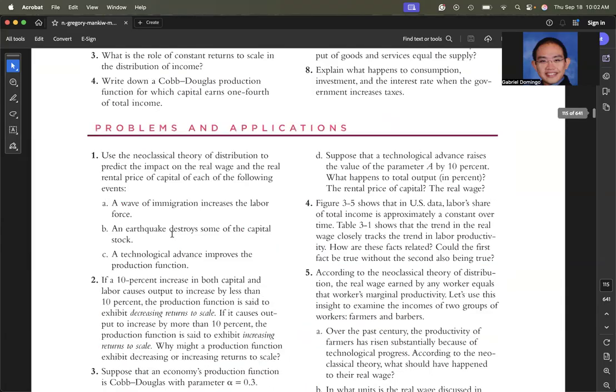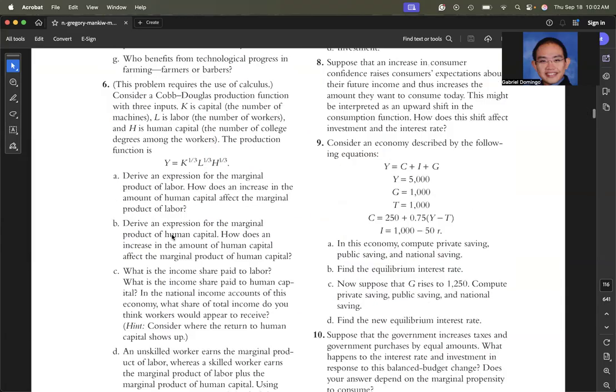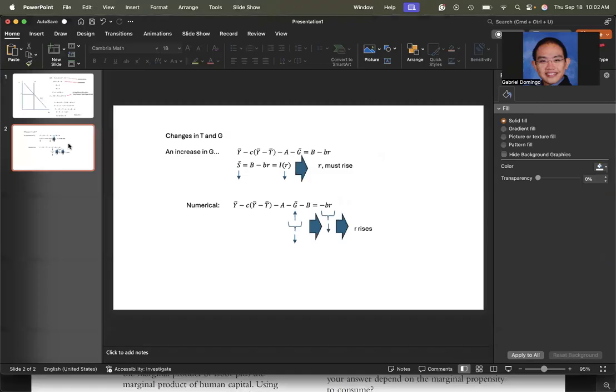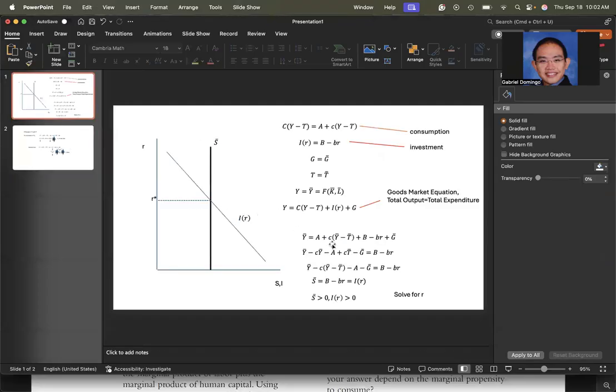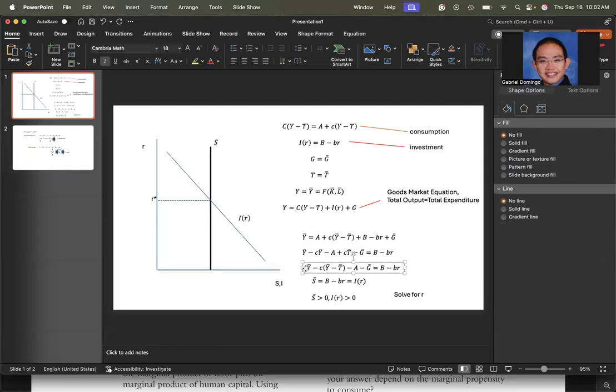Now, when you're done playing with the model, I advise you as practice to literally put toy numbers in here. Choose any combination of Y bar, C bar, small c, T bar, G bar, and this A. You can put any combination of those numbers as long as S bar is greater than 0, some positive number.